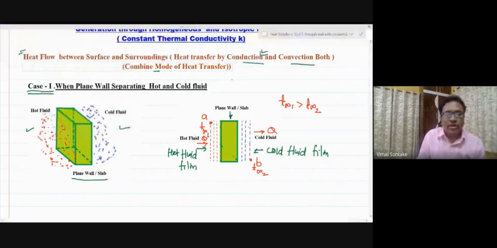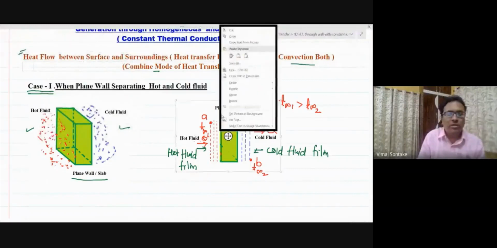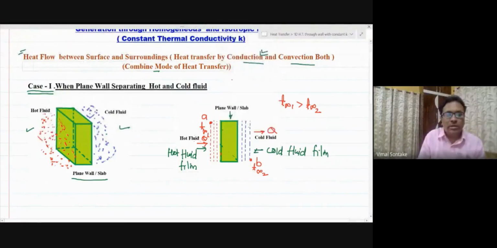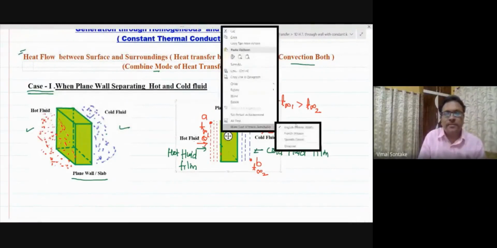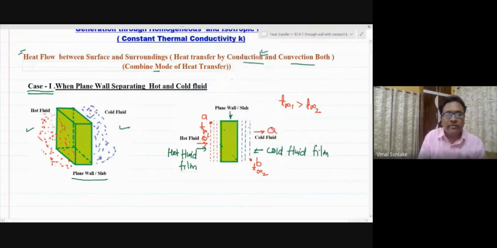Let's say temperature of the left hand side face of the plane wall is T1 and of the right hand side is T2. So by virtue of this temperature difference between hot and cold fluid, heat transfer will take place from left hand side to the right hand side.